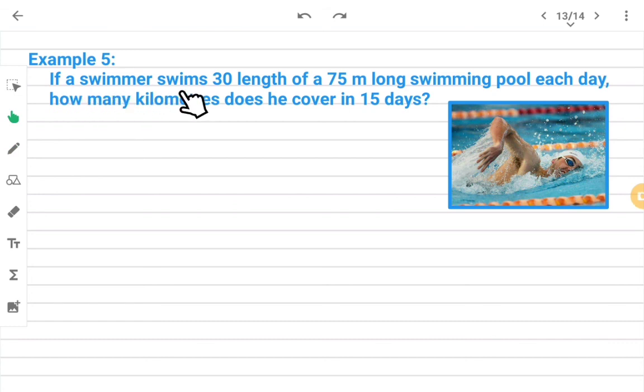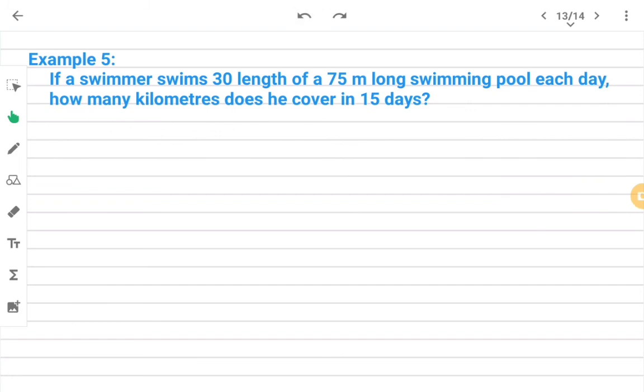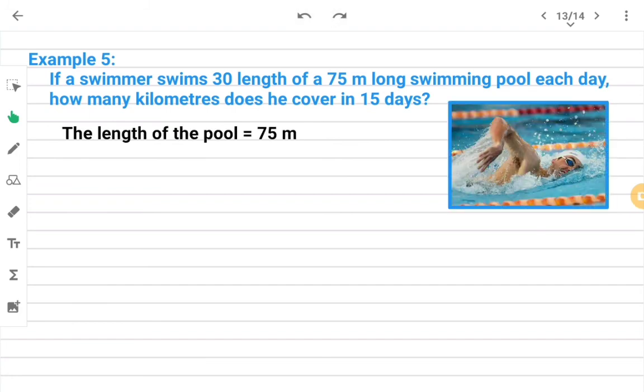Now, example 5. If a swimmer swims 30 lengths of a 75 meter long swimming pool each day, how many kilometers does he cover in 15 days? Okay? Fine. So what is given? The length of the pool is equal to 75 meter.